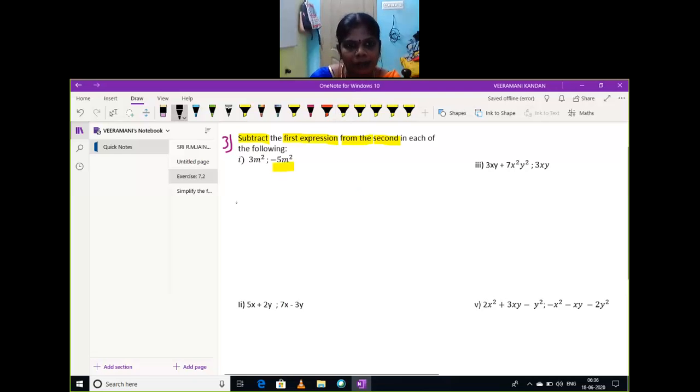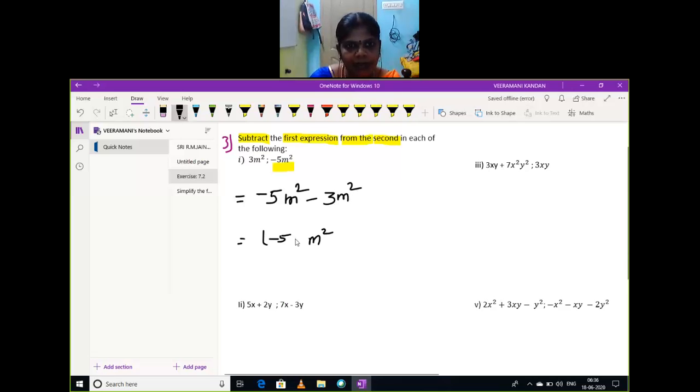Now we are going to write the second expression, minus 5m square. What are we going to do? We are going to subtract 3m square. Here the common variable is m square. What is the numerical coefficient?